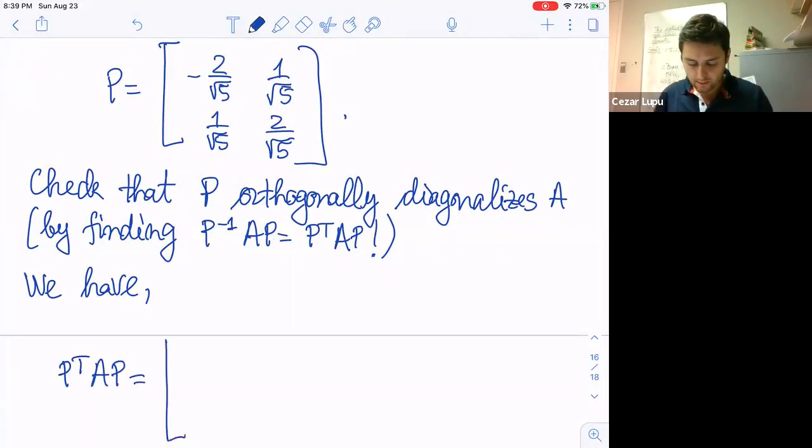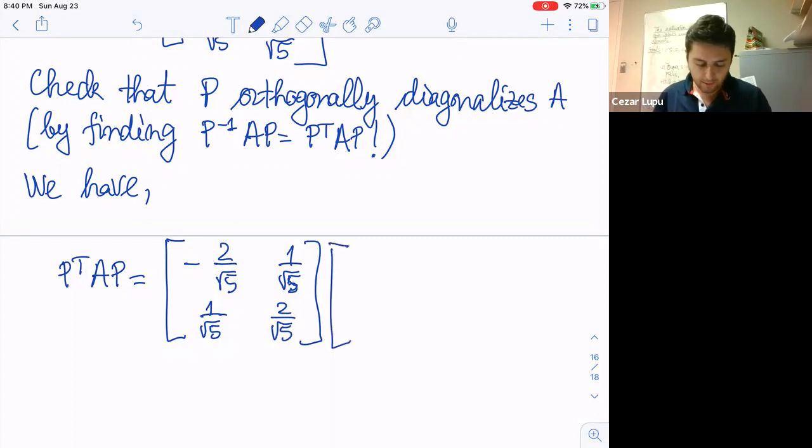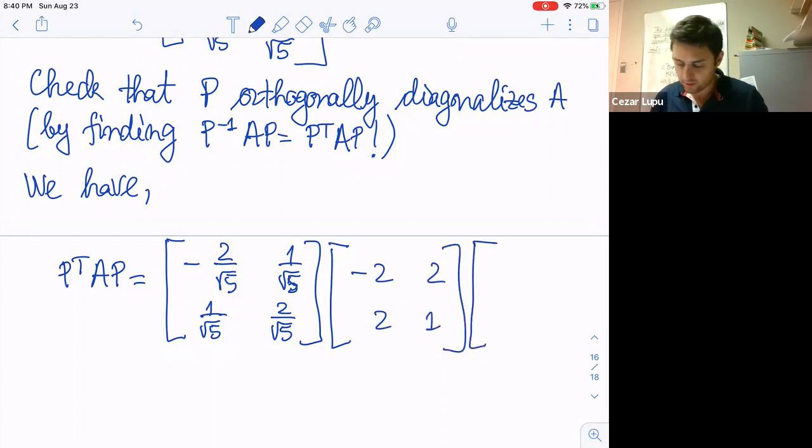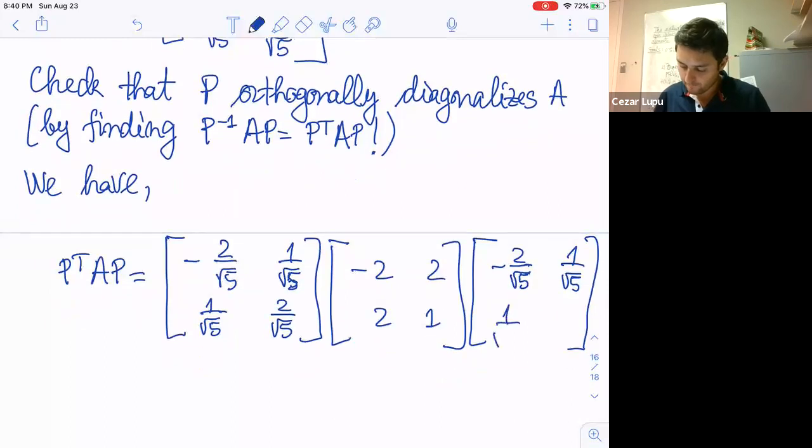We can write this computation: negative 2 over square root of 5, 1 over square root of 5, 1 over square root of 5, 2 over square root of 5, times the matrix A, which is negative 2, 2, 2, 1, and now times the matrix P, which is negative 2 over square root of 5, 1 over square root of 5, 1 over square root of 5, and 2 over square root of 5.